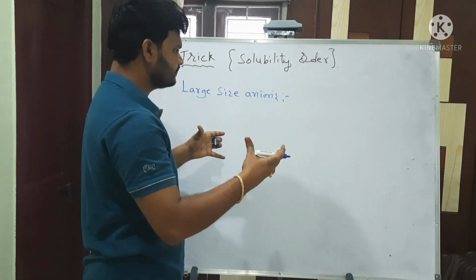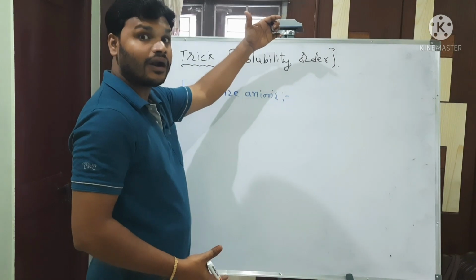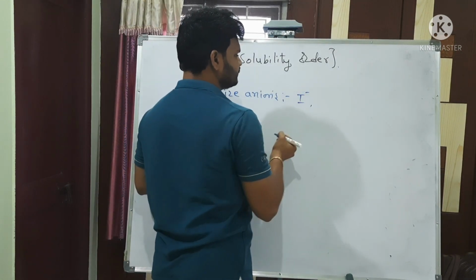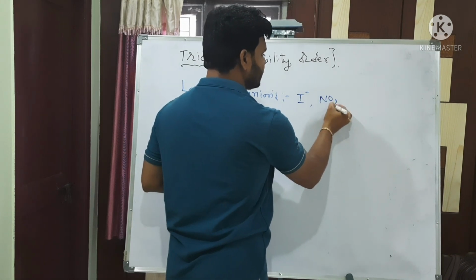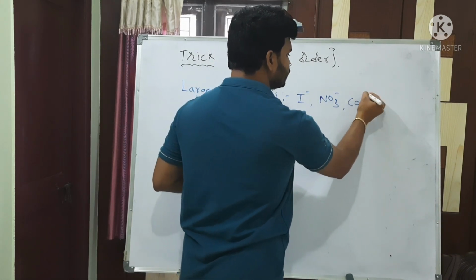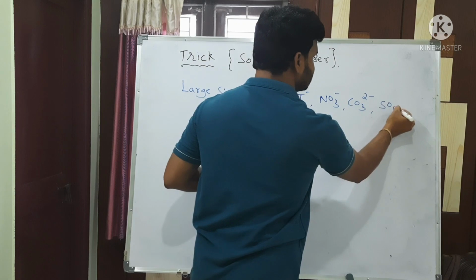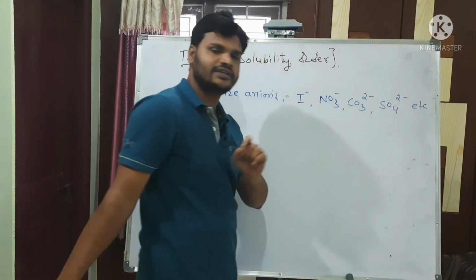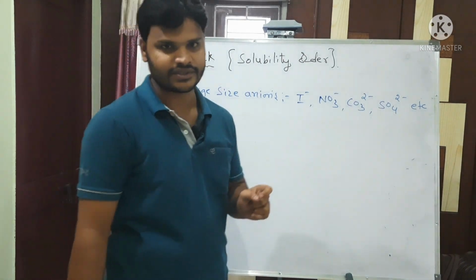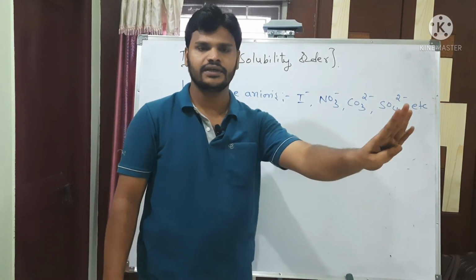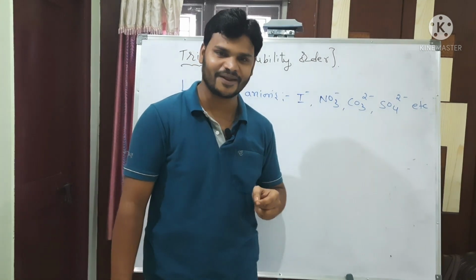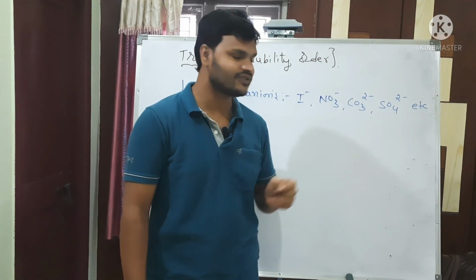Large size means more atomic size. So I minus, NO3 minus, CO3 2 minus, SO4 2 minus, etc. What is etc? End of thinking capacity. In our chemistry language, etc. means enjoy the chemistry.